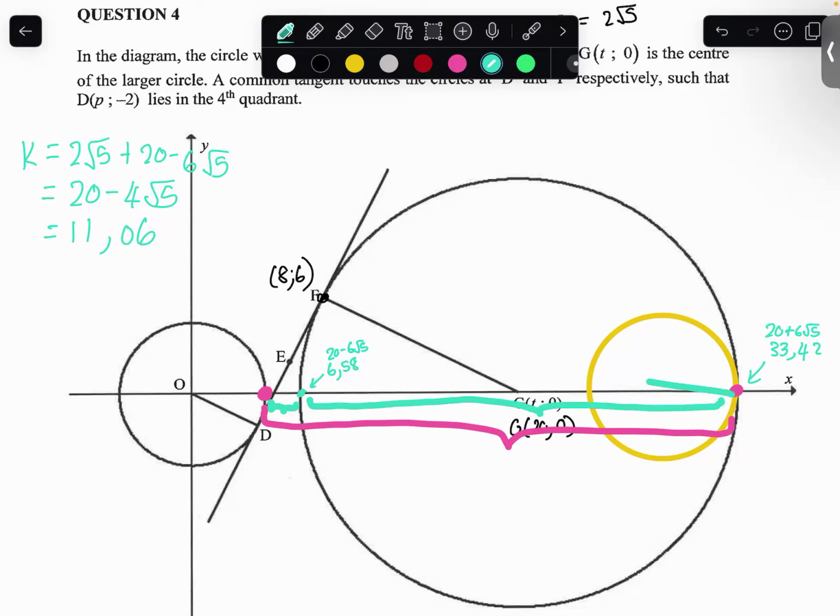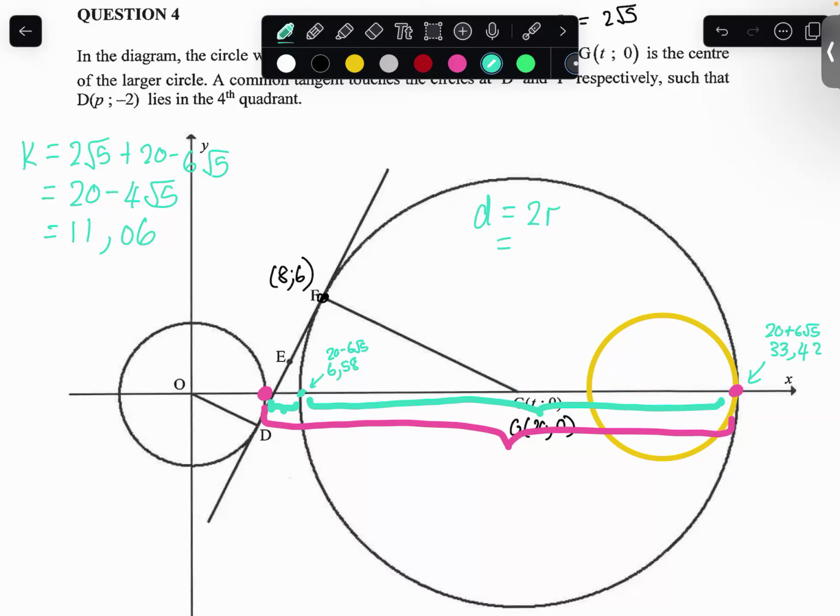So this big one is not difficult for me to find because that is the diameter of the bigger circle. And the diameter of the bigger circle is made up of 2 times its radius. So this distance is very easy for me to find. It's the diameter of the biggest circle, and the diameter is 2 times the radius.